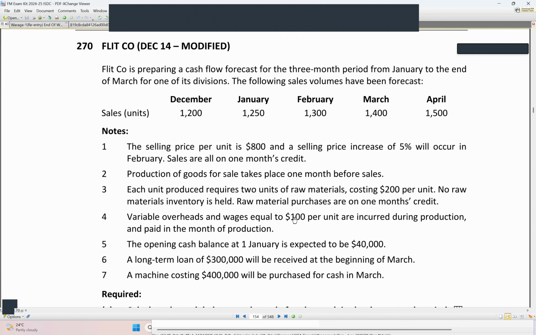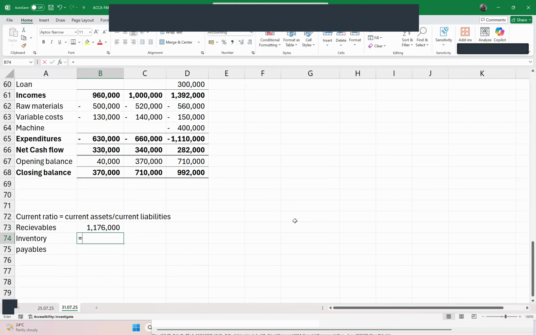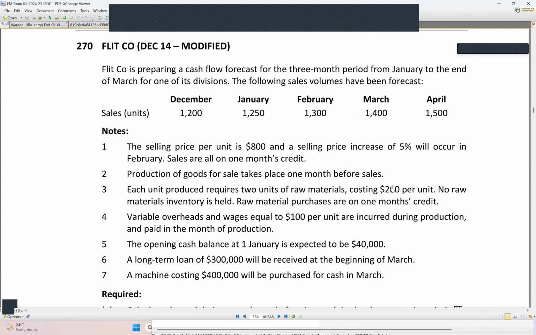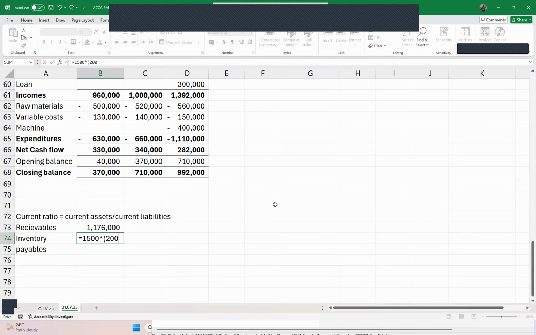So, which means that for inventory we shall have 1,500 multiplied by 200 plus 100, and these are 2, so 200 times 2 plus 100. That is going to be the inventory.